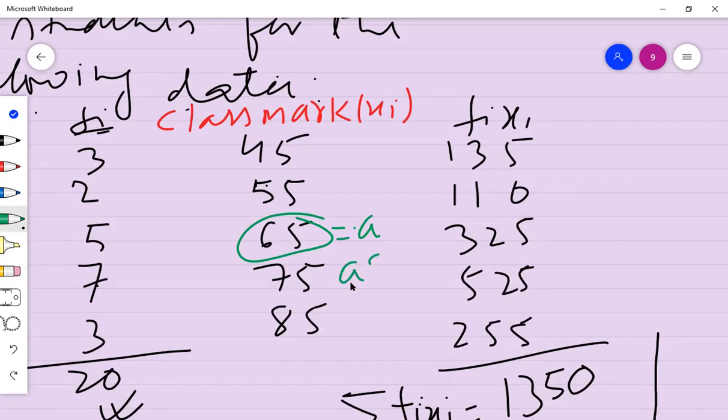Assumed mean. Okay. So in the next column, we find xi minus a, which is called ui or di. Di equals xi minus a. We find xi minus a.